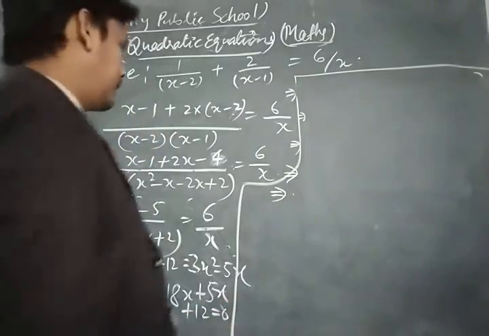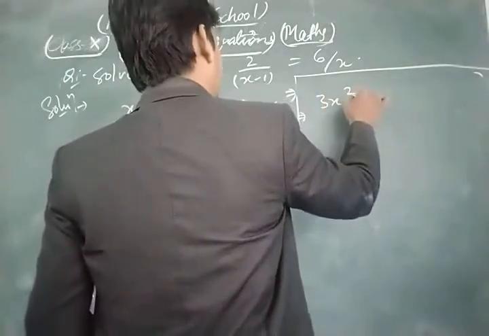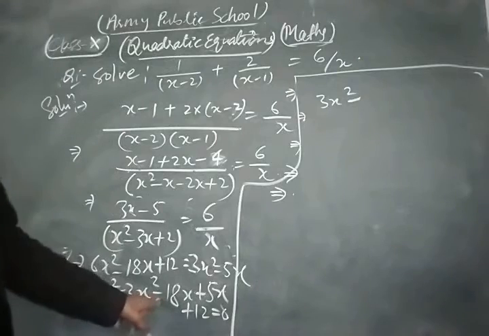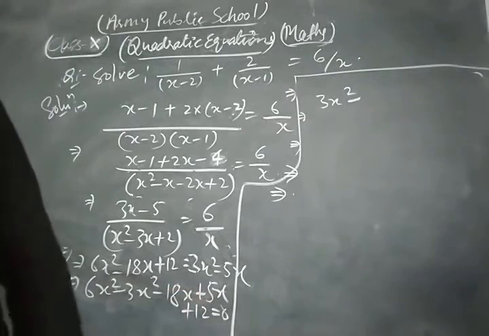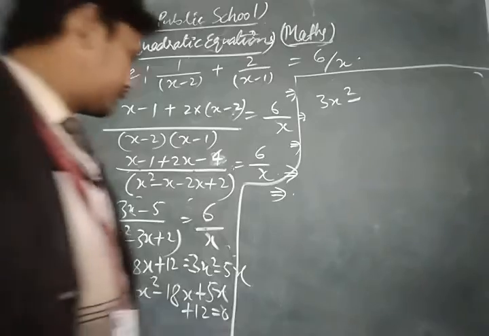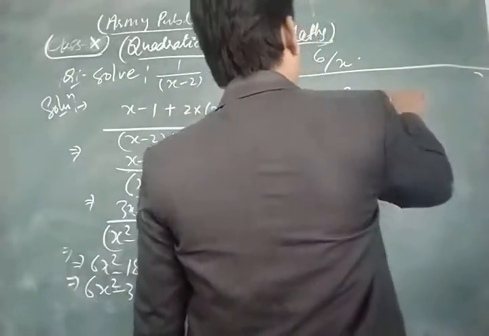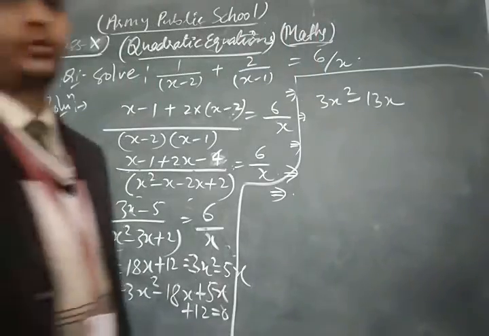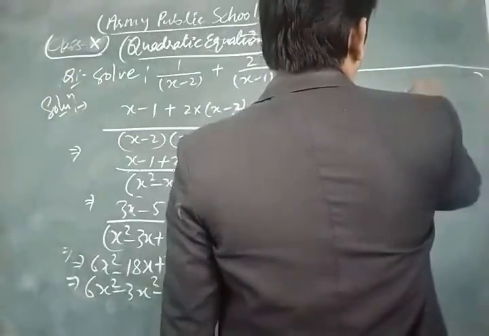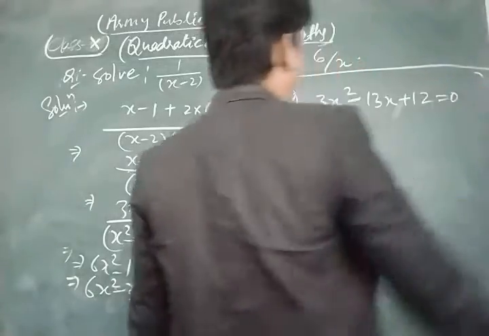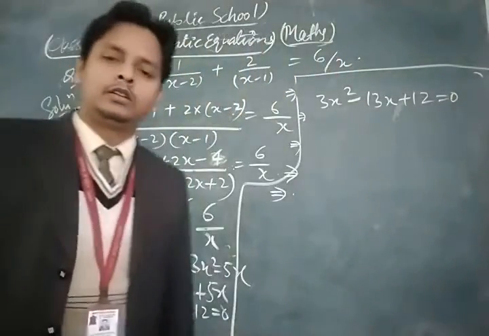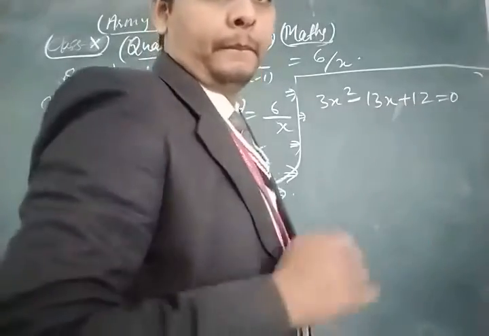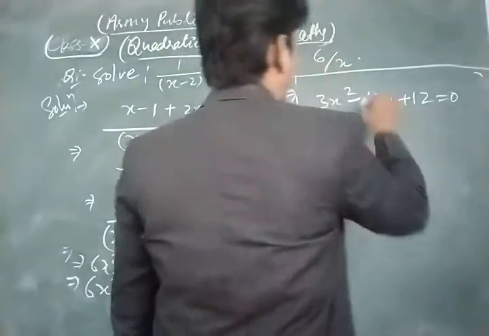Now 3x square is there, minus 18x plus 5x, that is minus 13x, and plus 12 is equal to 0. Now we do their factorization by the method of splitting the middle term. Okay, so let's see.